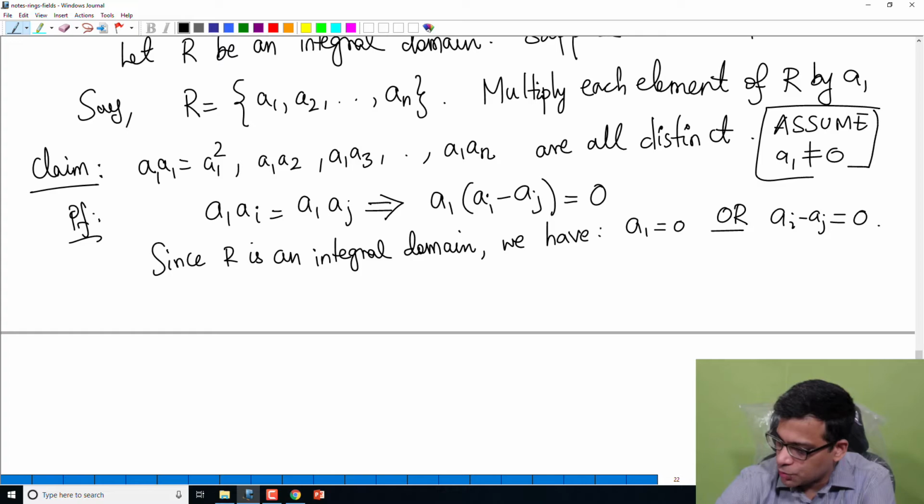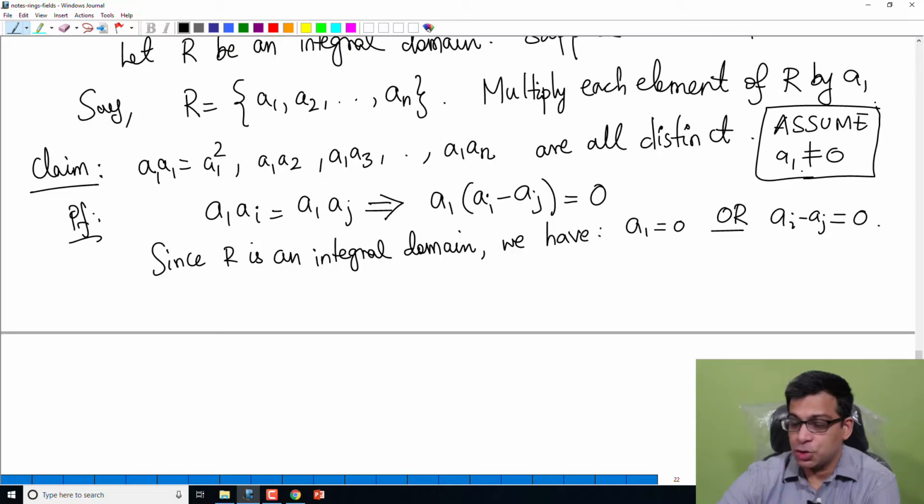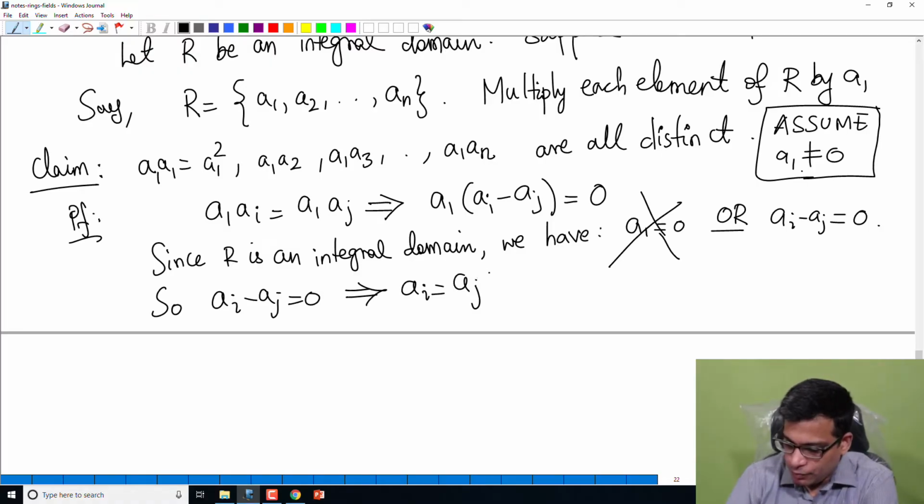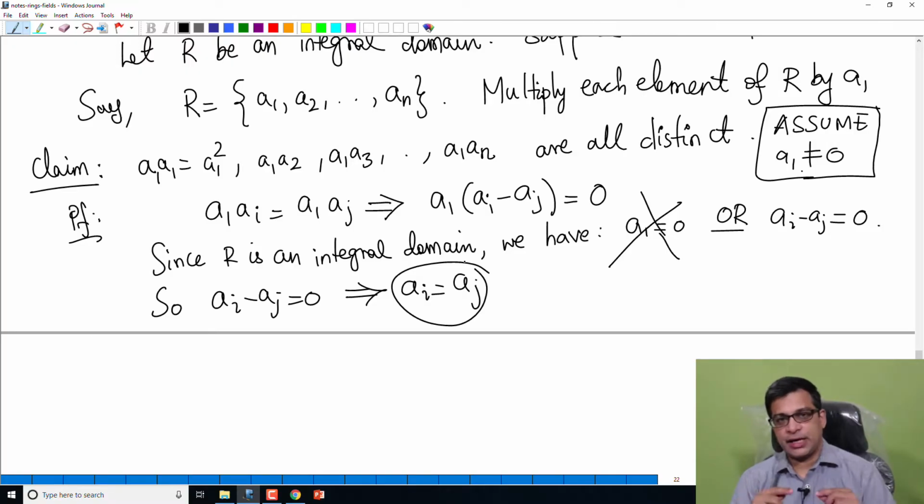You will see why I assume that in a minute. Remember, I am choosing A1 to begin with, so I will only deal with non-zero elements. So A1 is non-zero, and therefore A1 being 0 is not possible. That means AI minus AJ is 0, which means AI is equal to AJ. In other words, if A1 multiplies AI and AJ to the same element, then AI is equal to AJ.